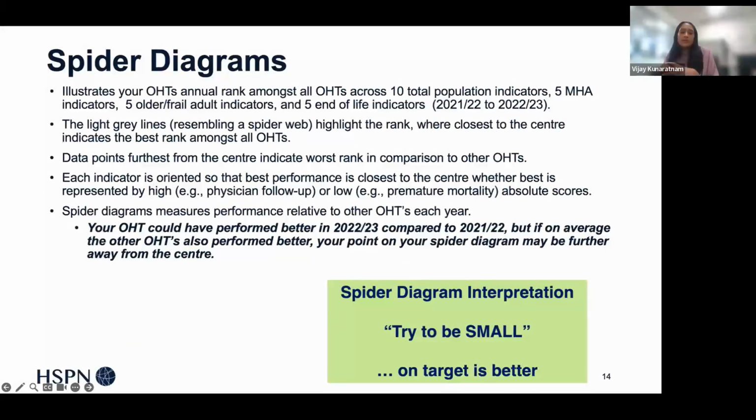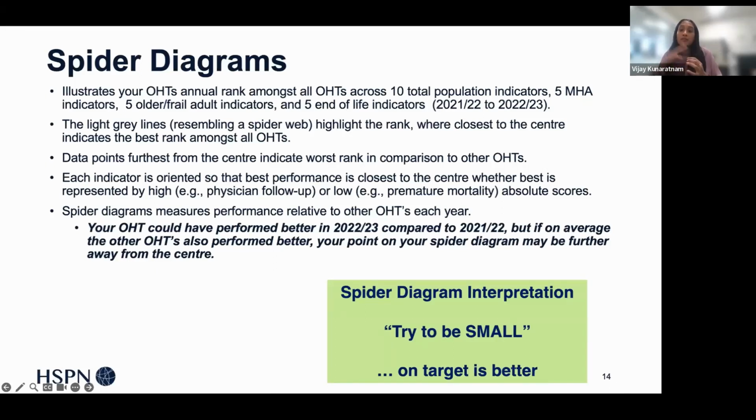So we did use spider diagrams to help rank each OHT across all these various indicators for both 2021-2022 and 2022-2023. So you'll see a sample of these spider diagrams in the upcoming slides, but typically the light gray lines, they kind of look like a spider web. They highlight the actual ranks, where closest to the center indicates the best rank among all OHTs.